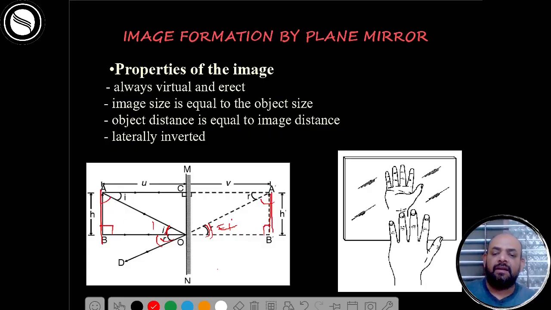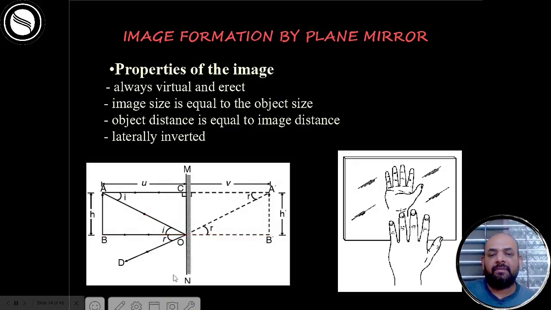From angle-side-angle, we can prove that these two triangles are congruent. Since these two triangles are congruent, the corresponding sides BO and OB dash are equal. So this is the object distance, this is the image distance, and these two are equal. Like this, with the help of congruency, we can prove that object distance is equal to image distance.